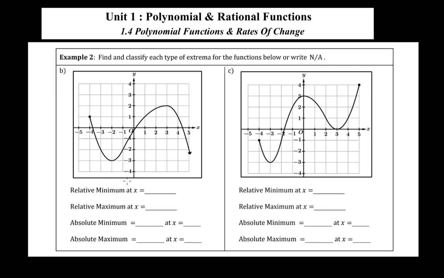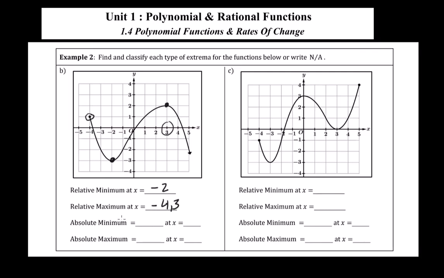The relative minimum is this point alone, which is negative 2. And the relative maximum will be this point and the ending point here, because the graph ends here, so that will be (-4, 3).